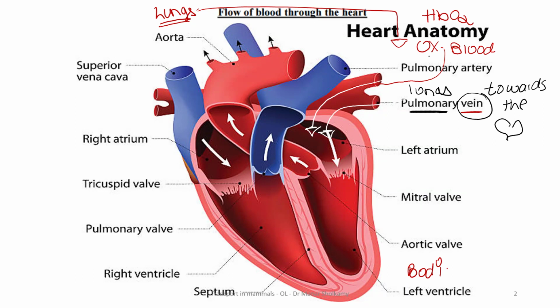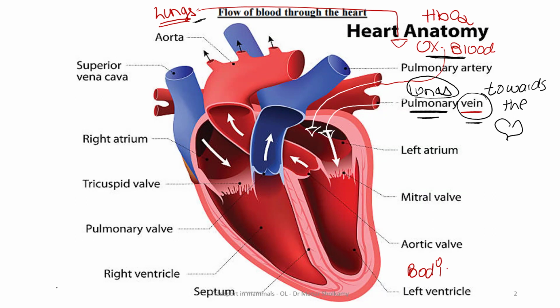So again, this oxygenated blood will come from your lungs and it will enter the heart through the pulmonary vein, through a blood vessel known as the pulmonary vein. Why is it called the pulmonary vein? Because pulmonary means it is coming from the lungs. Vein means it is moving towards the heart.